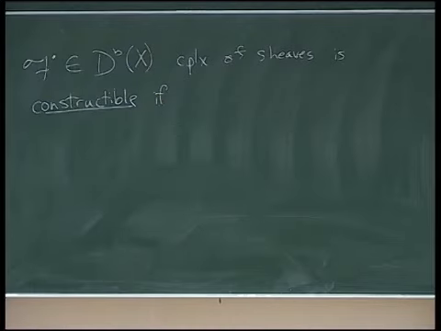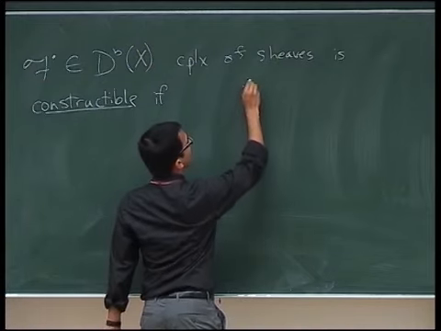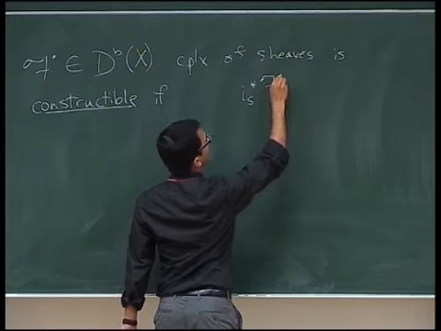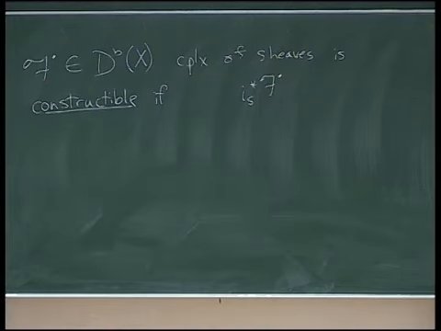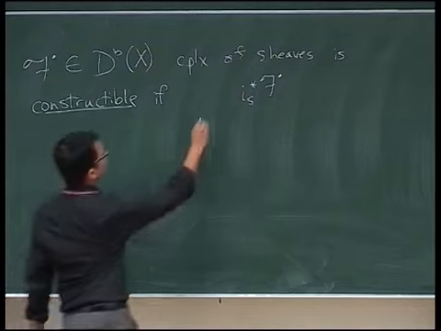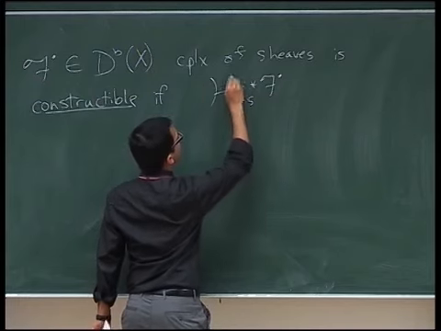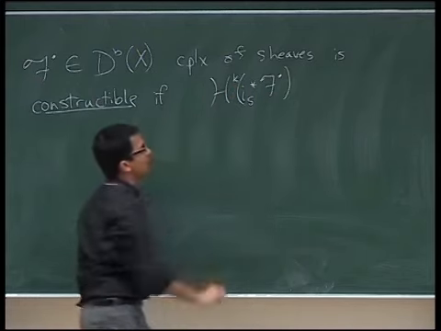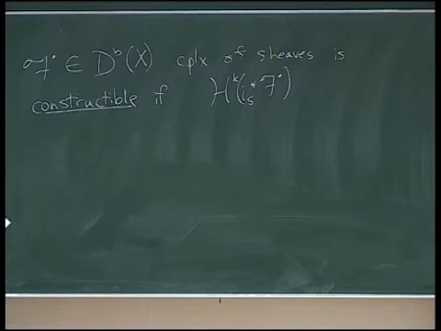What I want to do is look at what it does on each stratum. So I'm going to take its pullback to each stratum, and then I get a complex of sheaves on that stratum, and I want to require that all the cohomology sheaves of that complex be locally constant sheaves.